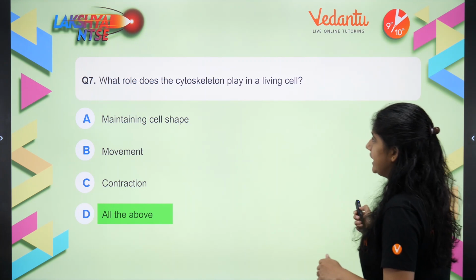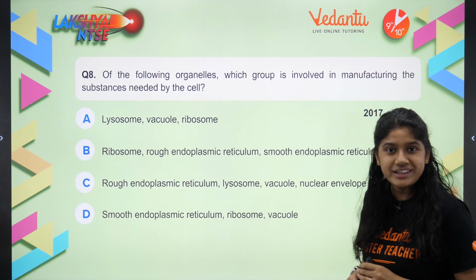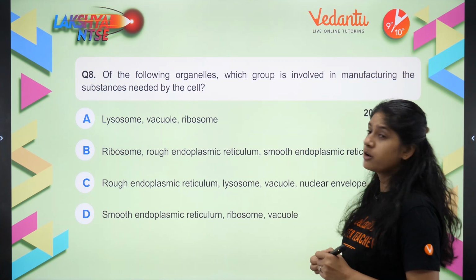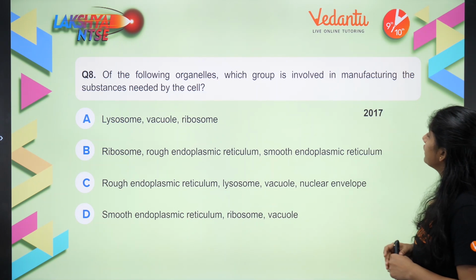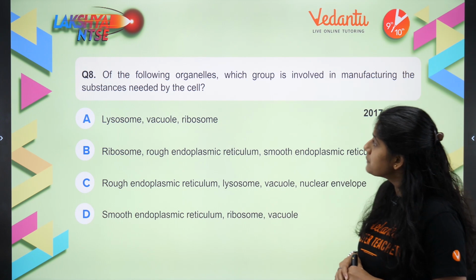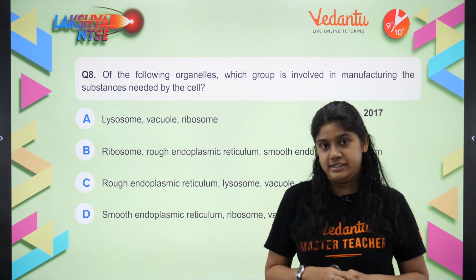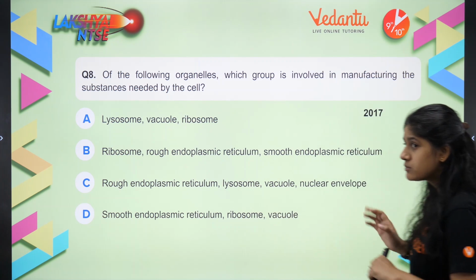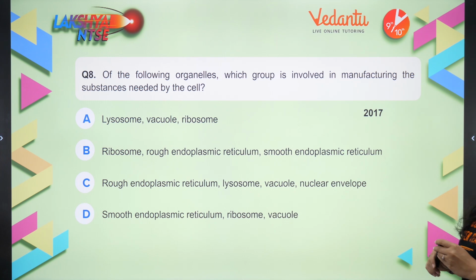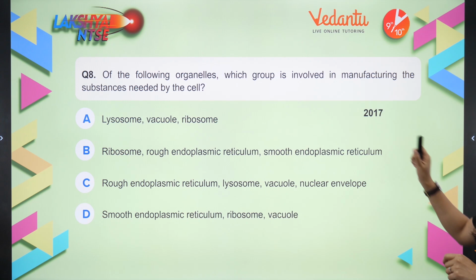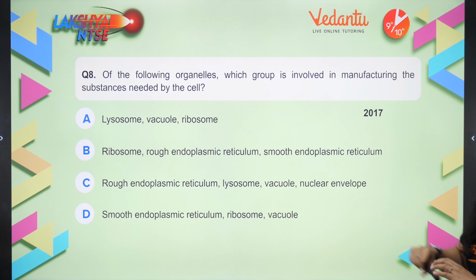Okay. Next question, everyone, on your screen. Out of the following organelles, which group is involved in manufacturing the substances needed by cells? Read the question. I'm just moving aside so that you can see all the options. There are different groups they have divided.